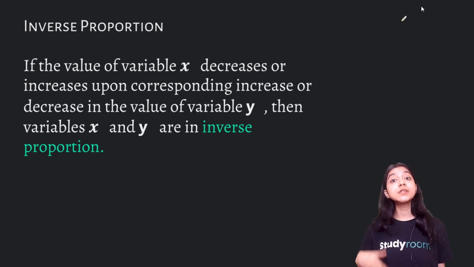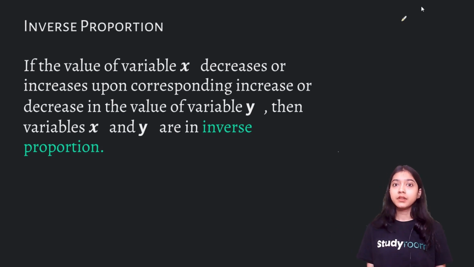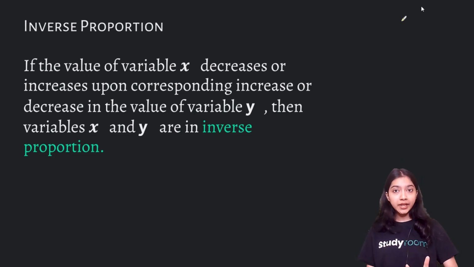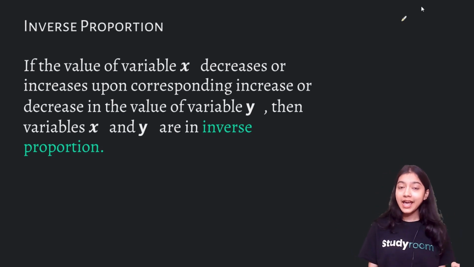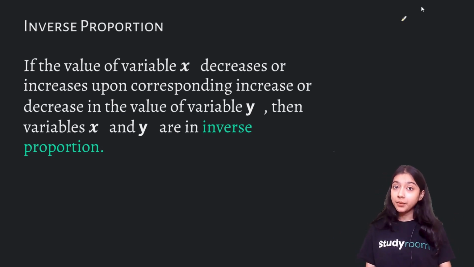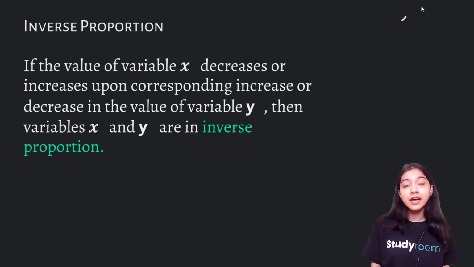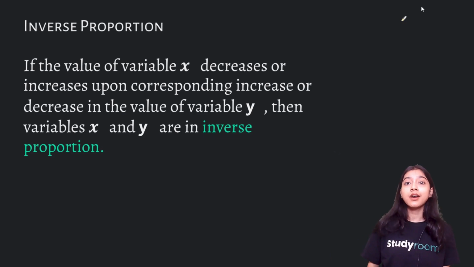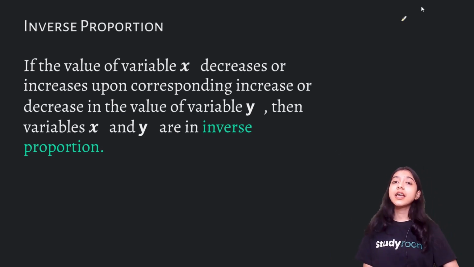If I increase my speed to 20 km per hour, then I'll just take 1 hour to complete this 20 km distance. So what is happening is, there are two variables. One is the speed and the other is time. If I'm increasing my speed from 10 km per hour to 20 km per hour, my time is getting reduced from 2 hours to 1 hour.